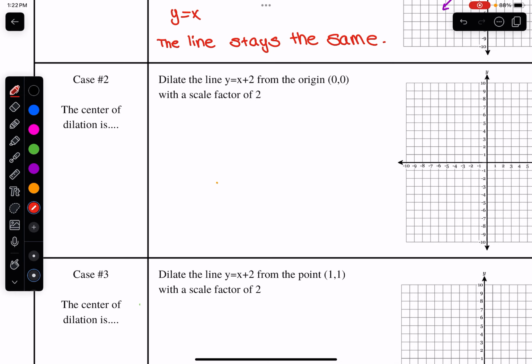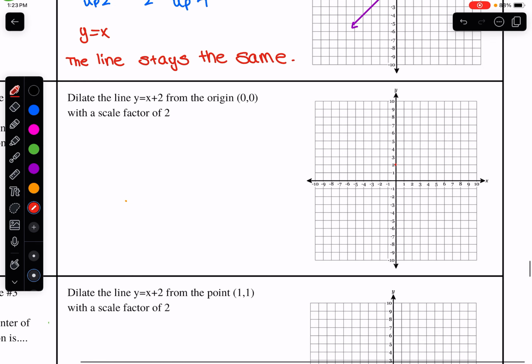Now we're going to tackle a second case. Dilate the line y equals x plus 2 from the origin 0, 0 with a scale factor of 2. So first let's plot our line. And now I'll do the center, which is at 0, 0. Now I want to choose 2 points on my line.